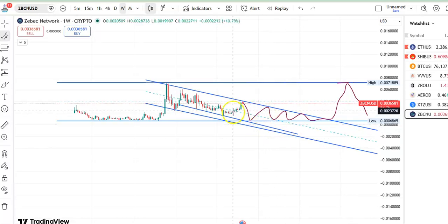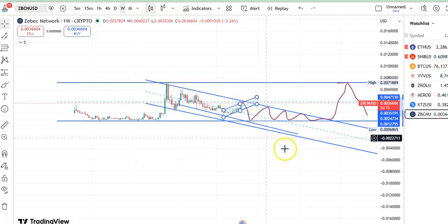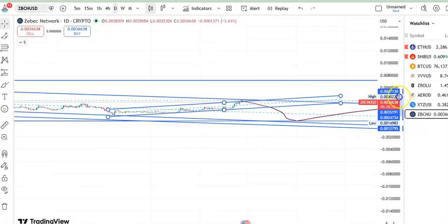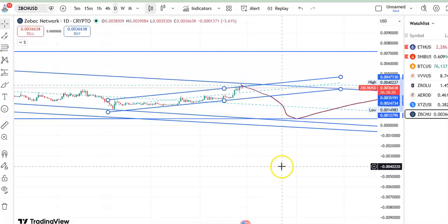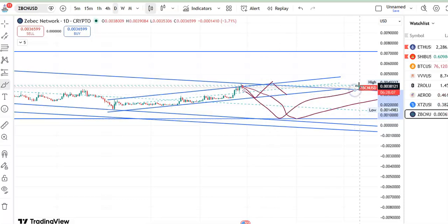If you draw the trend line, you can see this is the support and this is the resistance. If the breakout happens, it may go up to this resistance level, or else the candles may come down to the support level. If you go to the daily chart also, you can see the candles are currently near the resistance level. It may come to the support level and, after taking support, go up, or else the candles may continuously fall towards support and then start moving towards this resistance level.